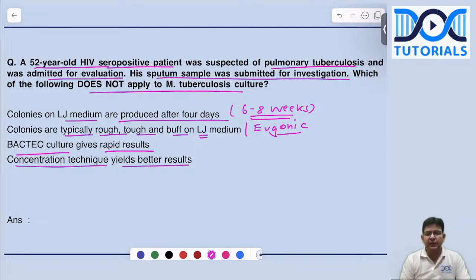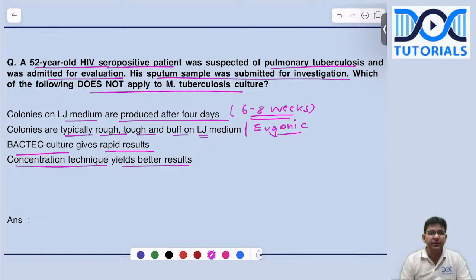Important is that GeneXpert RIF is for rifampicin resistance, and which particular gene? The rpoB gene is involved. BACTEC for TB can be done. Yes, BACTEC and BacT/ALERT can be done for TB, and the culture is mainly LJ.